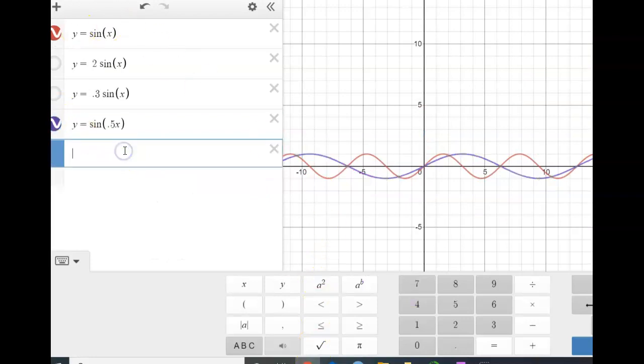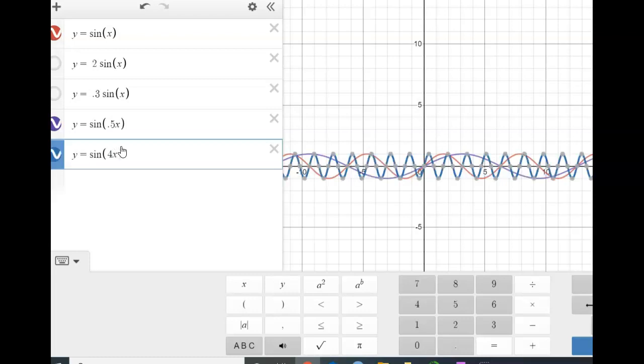And so I'm going to enter a constant greater than 1. Let's say y equals sine. And because I want it to be horizontal shrinking, it will be multiplying the x directly. So let's try 4. 4 times x. And I'm going to delete temporarily the 0.5.